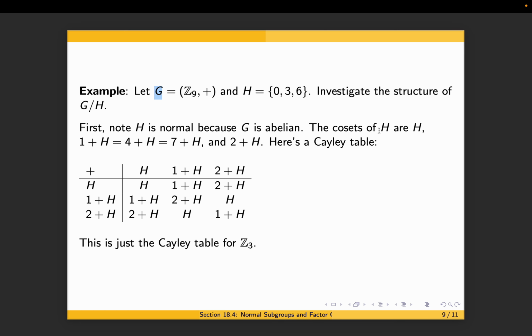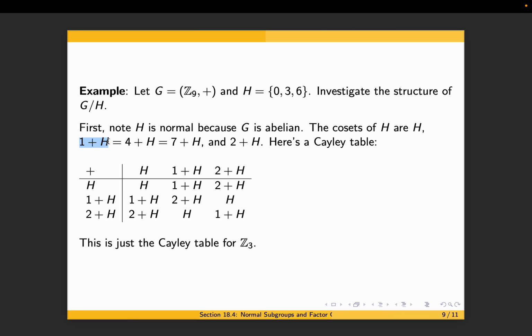So the cosets are H itself, like 0 plus H, 3 plus H, 6 plus H. Those are all H. And then the other cosets are represented by 1, 4, 7. 1 plus H is 1, 4, 7. 4 plus H is also 1, 4, 7. Or 2 plus H.